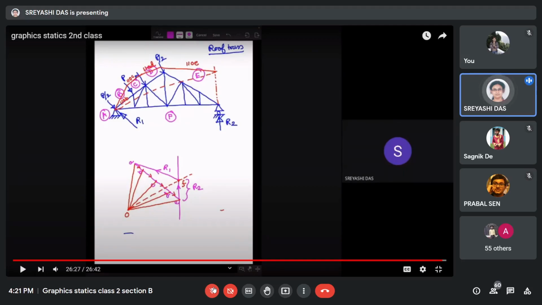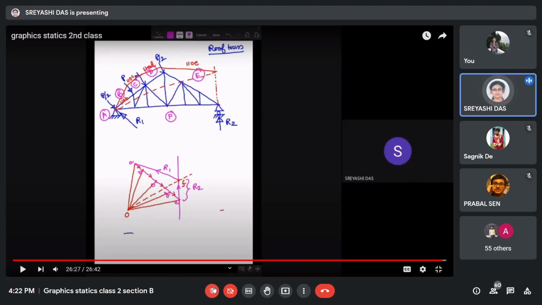So A space should be the space between the force R1 and P/2, but as they are meeting at the hinge joint, and we are starting from the hinge itself, we cannot draw that line. We are not getting that A space here.